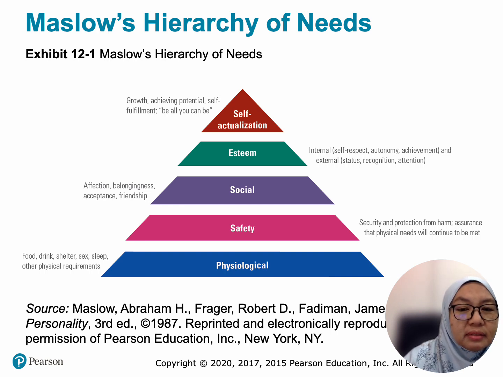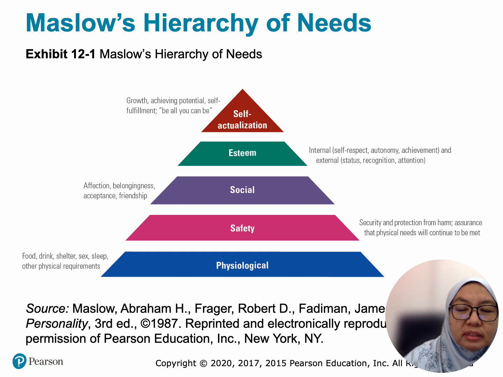The second level of needs is safety, such as security and protection from harm, as well as assurance that physical needs will continue to be met. The third level is social needs, including affection, belonging, acceptance, and friendship.